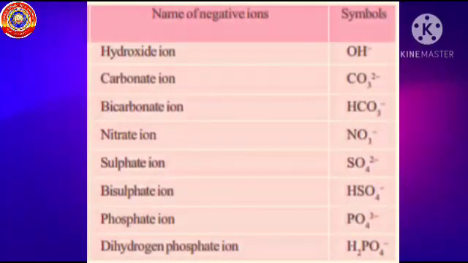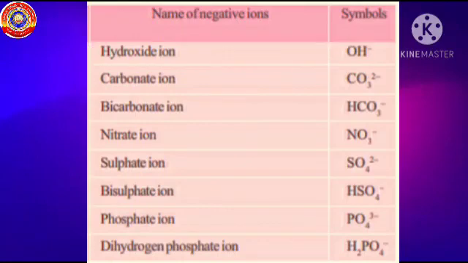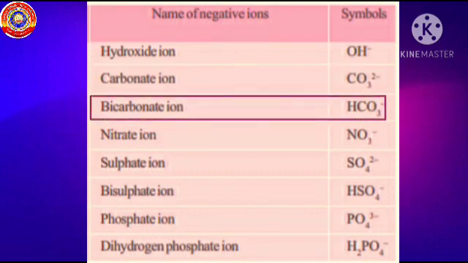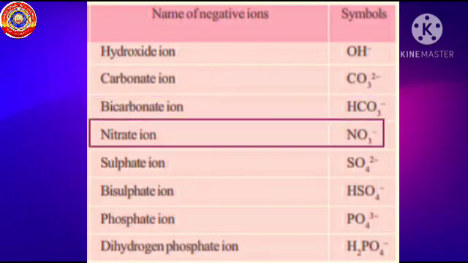Next is the name of certain anions and their symbols. Hydroxide ion, OH-. Carbonate ion, CO3 2-. Bicarbonate ion, HCO3-. Nitrate ion, NO3-.